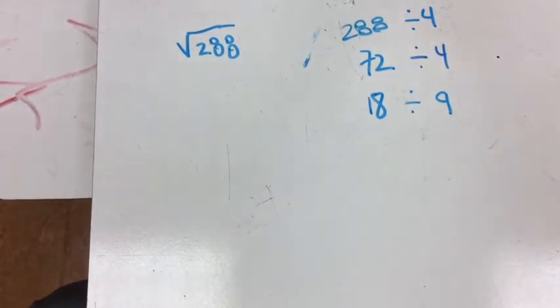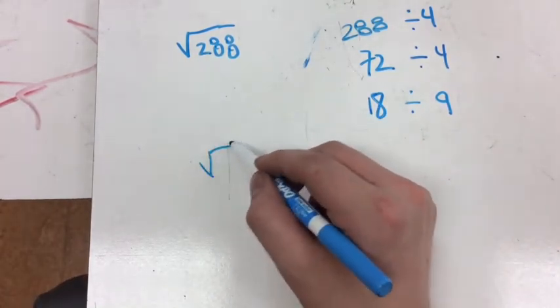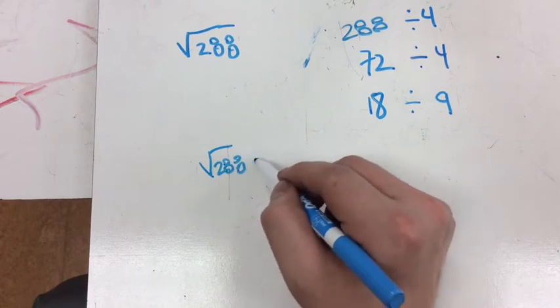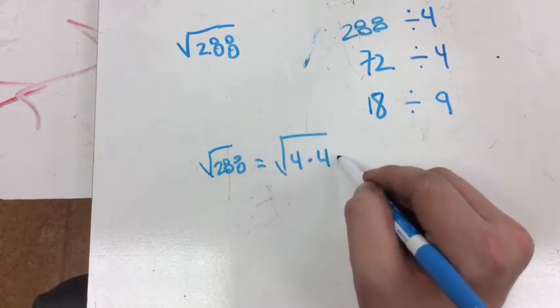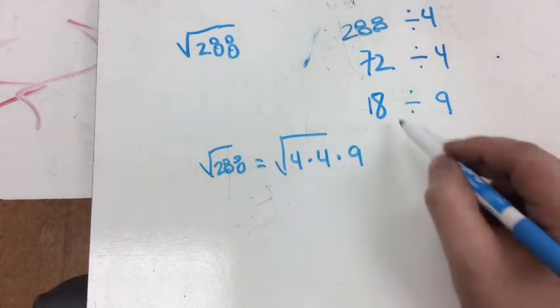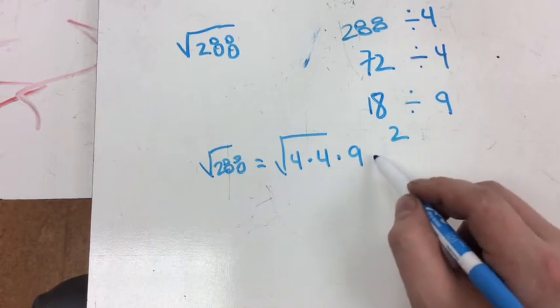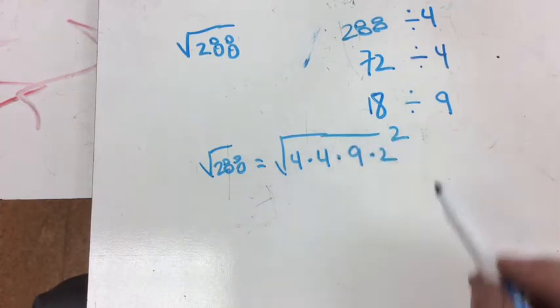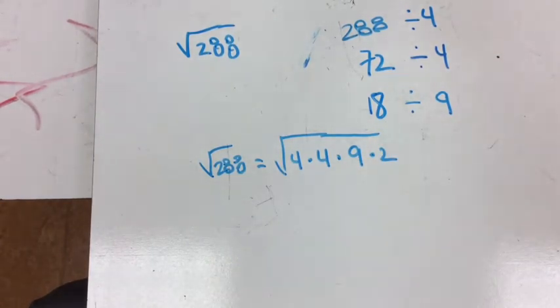So the square root of 288 can be rewritten as the square root of 4 times 4 times 9. If you divide 18 by 9, you get 2, and so times 2.